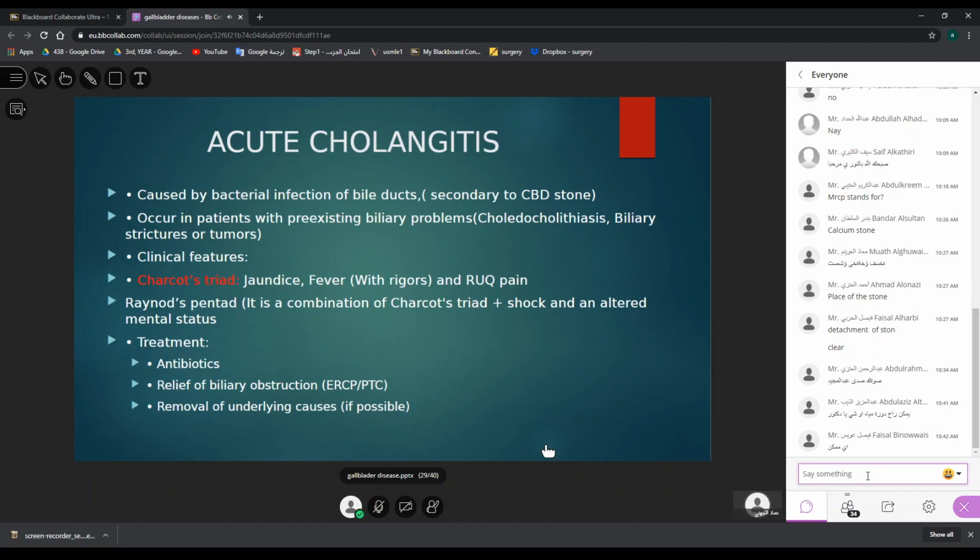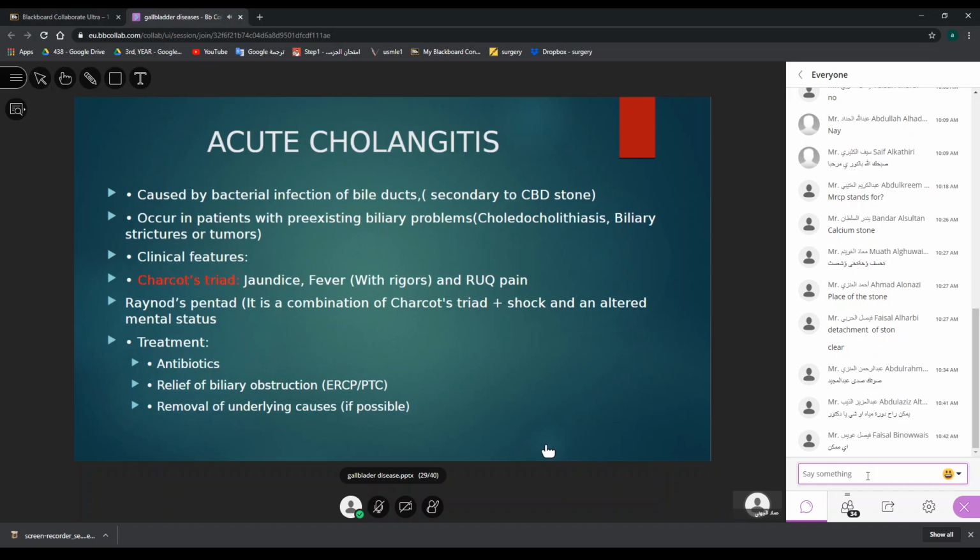Faisal Owais, what is the difference between CBD and common hepatic? CBD stands for what?